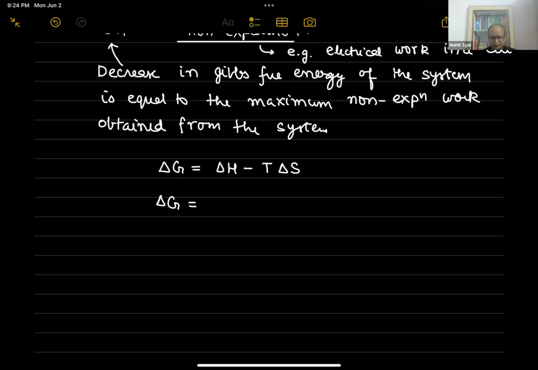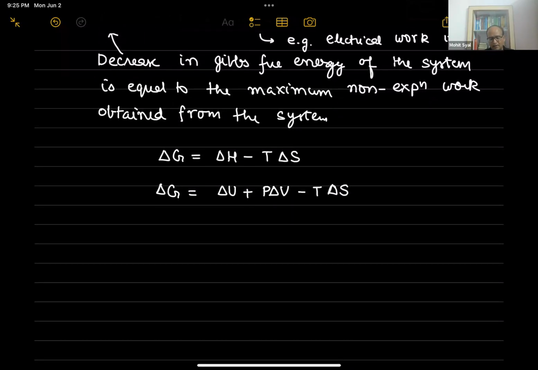Remember it. It is equal to the heat change at constant volume, delta U, plus P delta V. P delta V for gases is delta n g RT. Got it? Yes, sir. We apply the first law. What is delta U as per the first law?